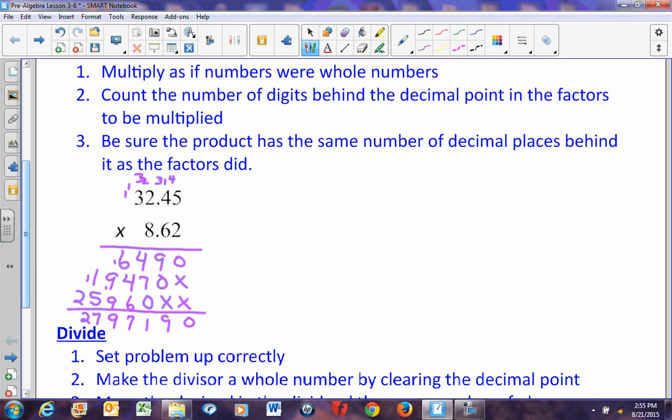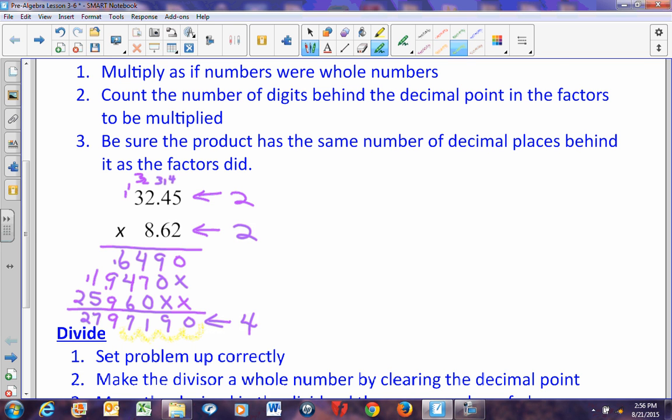Now I've multiplied the numbers as if they were whole numbers. Now count the number of digits behind the decimal points in the factors. There are 2 behind the decimal point here, and 2 behind the decimal point here, which means there needs to be 4 behind the decimal point in the product. So from the back, count back 1, 2, 3, 4.